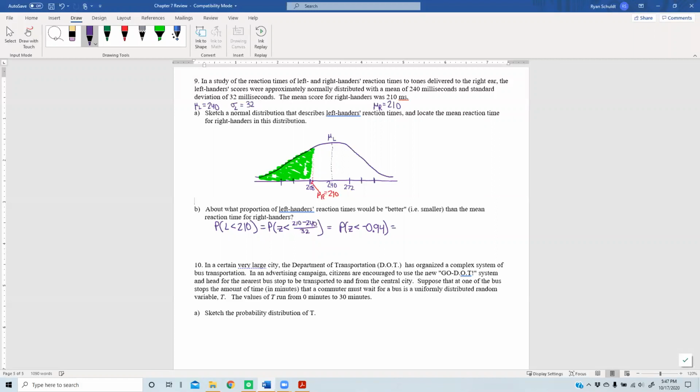Which equals 0.1736. So that's the proportion, 0.1736, that would be smaller.